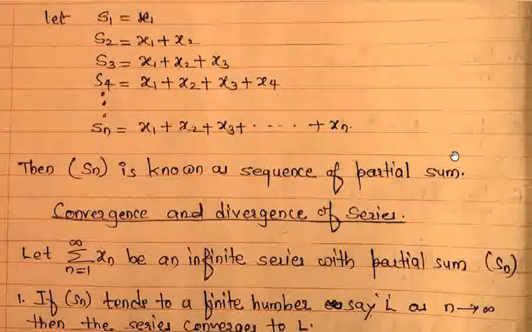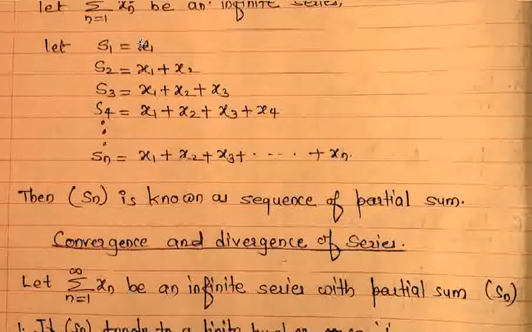So here it's a partial sum because every time you're adding the previous sum and adding the new term. So S2 is going to be S1 plus x2, S3 is S2 plus x3, etc. So it's a sequence of partial sums.